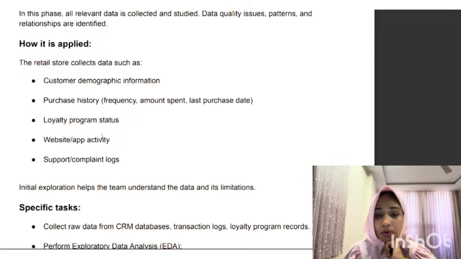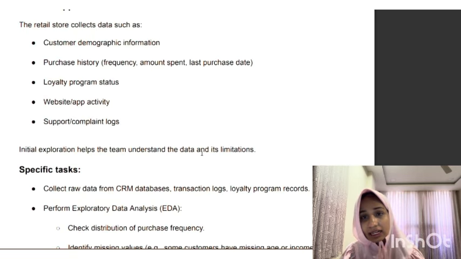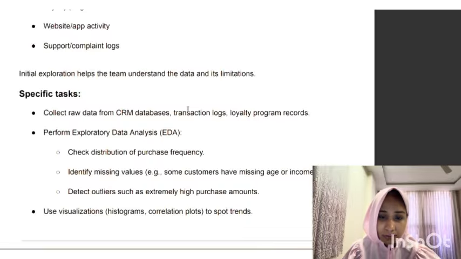Next is loyalty program status. Now website or app activity, support or complaint logs. Initial exploration helps the team understand the data and its limitations. So when we are collecting data, we get to understand it, and we can identify the limitations from it as well.